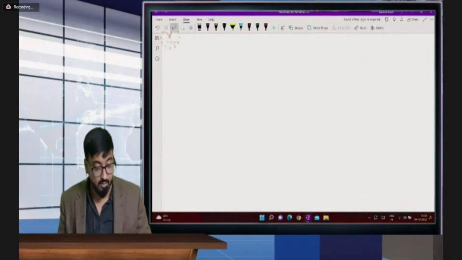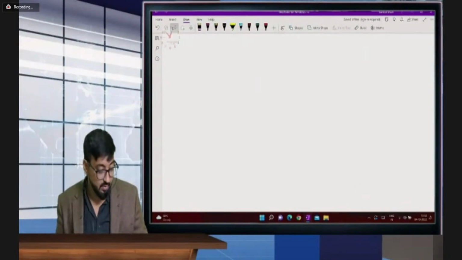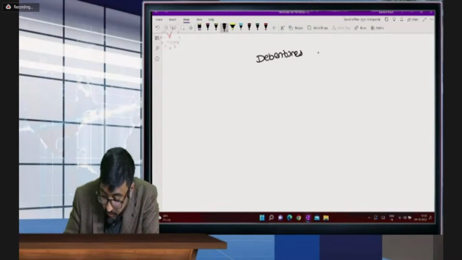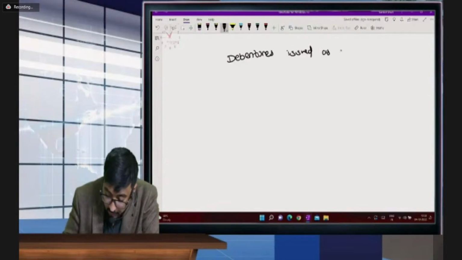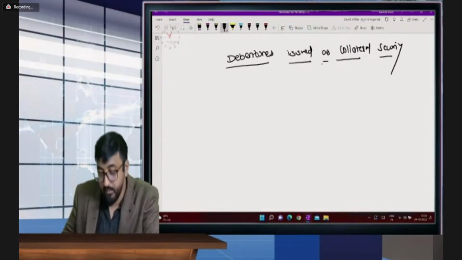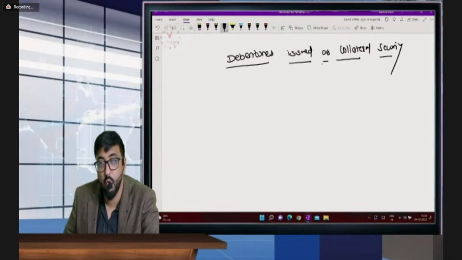Today's last concept, a very important one. Debentures, write down, you will find it is difficult, issued as collateral security. Debentures issued as collateral security.